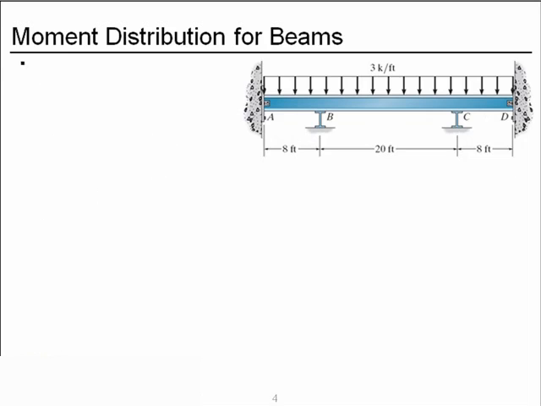Now to begin the moment distribution method. And to do that, we need to find the stiffness of each element of the beam. And we'll use that to find the distribution factors. So let's start with bending stiffness.